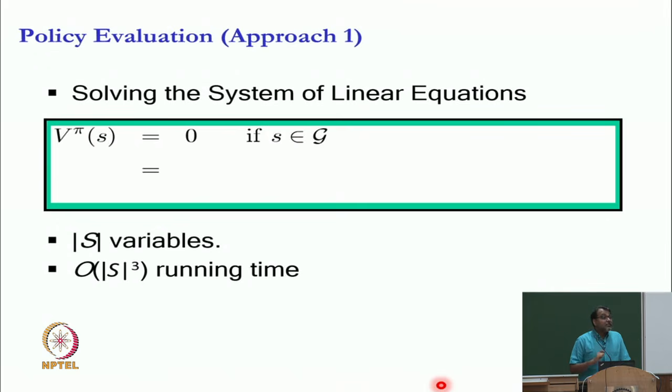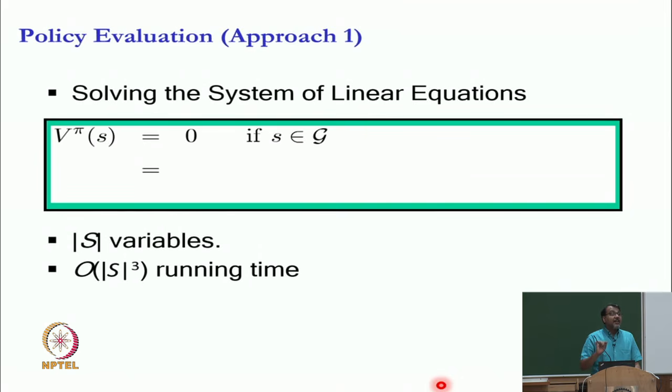If I take action pi of s, I may reach any state. I do not know which state I am going to reach. Let us say I reach state s prime. What is the cost that I will be paying? Immediate cost. What cost will I pay right there?